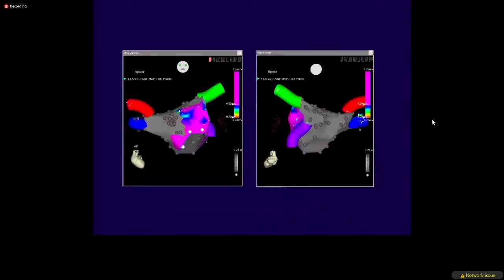But if we look here, the posterior wall is not isolated just between the veins, it goes all the way down. We have data showing that a third of the posterior wall triggers are in the bottom part. So if you do a box isolation, you're not going to isolate the posterior wall, and you are also missing a third of the posterior wall triggers that are in the bottom part. So you're really making it very difficult to prove the benefit of this strategy.